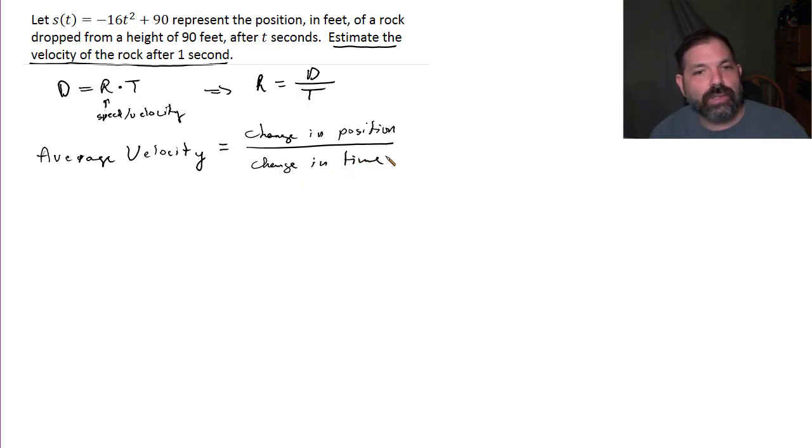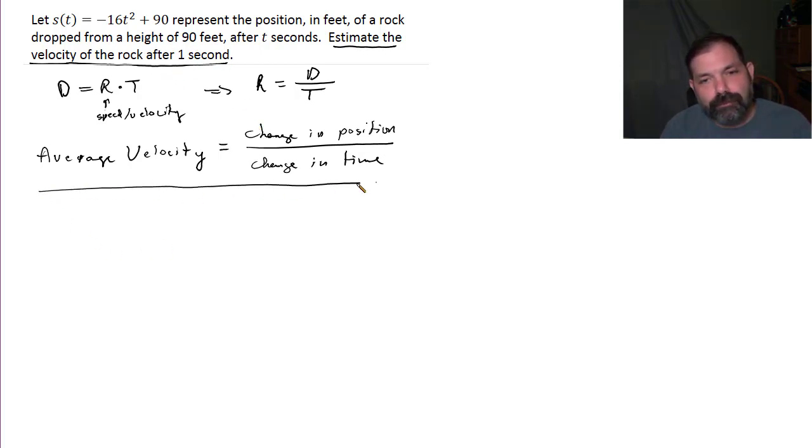An average velocity is a change in position over a change in time. So if we want the velocity of the rock after 1 second, let's find the average velocity over the interval 1 to 1.5.